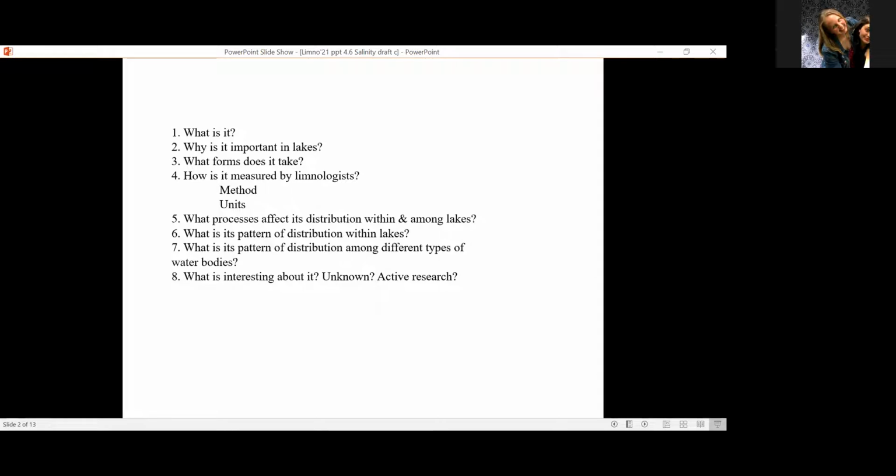What is salinity? Well, salinity is the weight of all dissolved ions. It is not just sodium and chloride. Salinity is the weight, the density, the weight per volume water, of all dissolved ions.